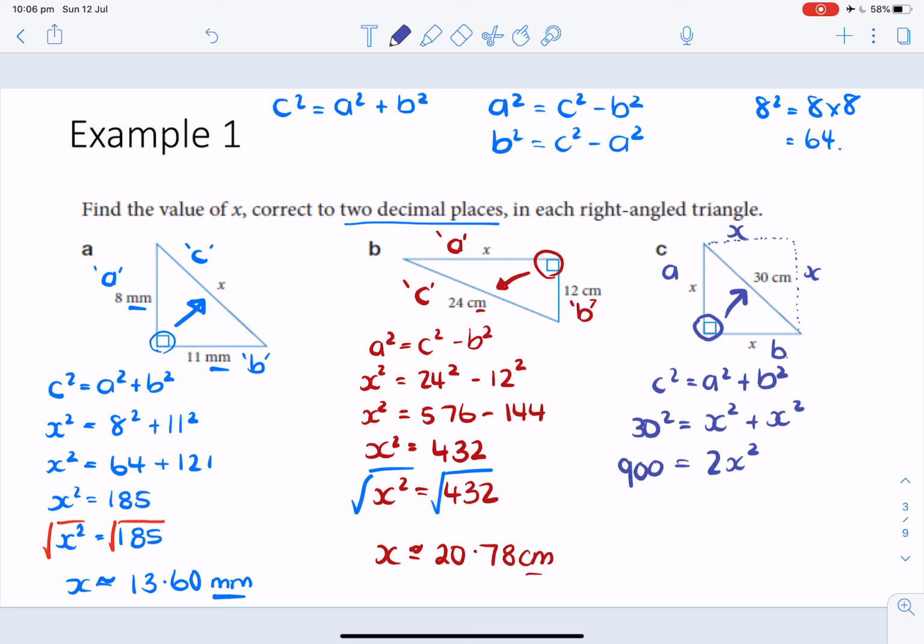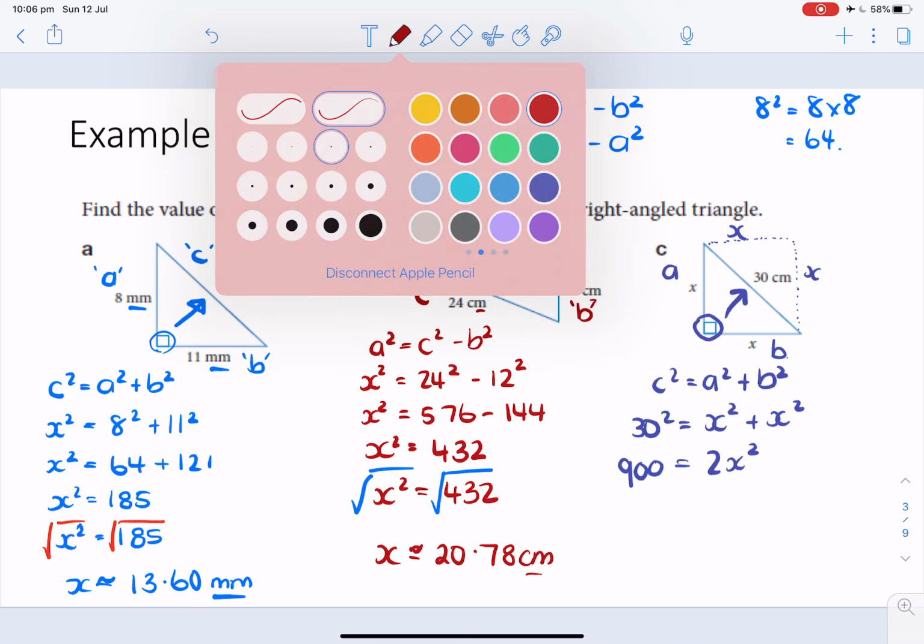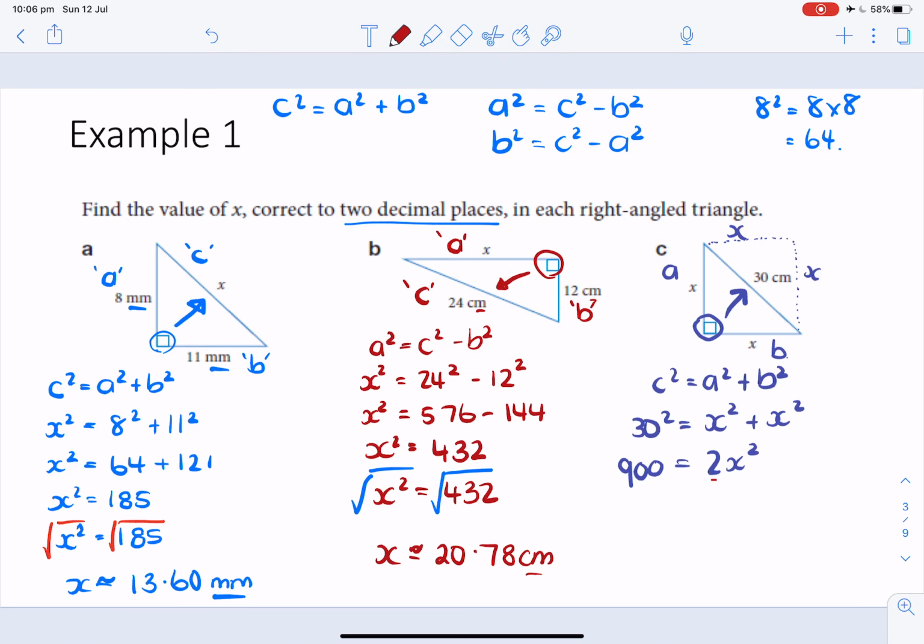Now the next step in this, you don't jump to squaring yet. You want to get rid of this guy here. So in order to get rid of him, we divide both sides by 2. And we end up with 450 equals x squared. Then following the same concept, x squared equals 450, we need to square root both sides.